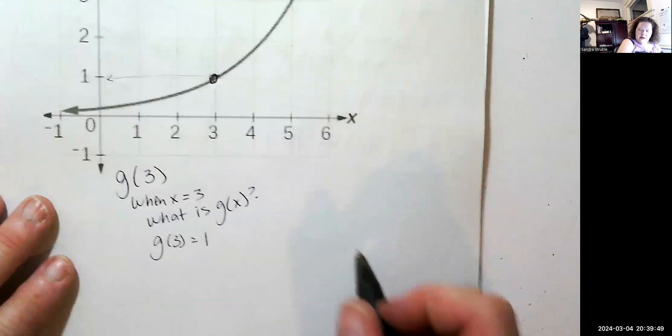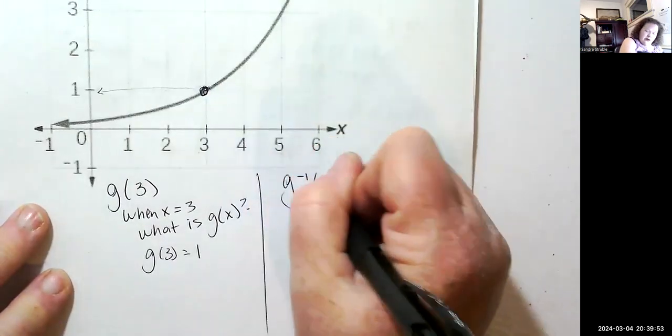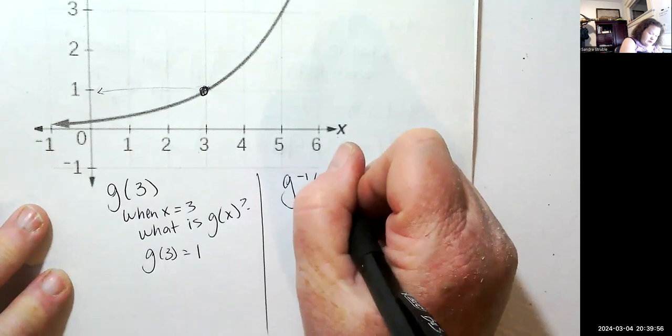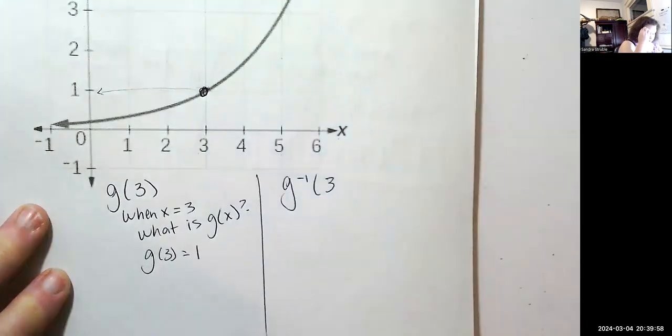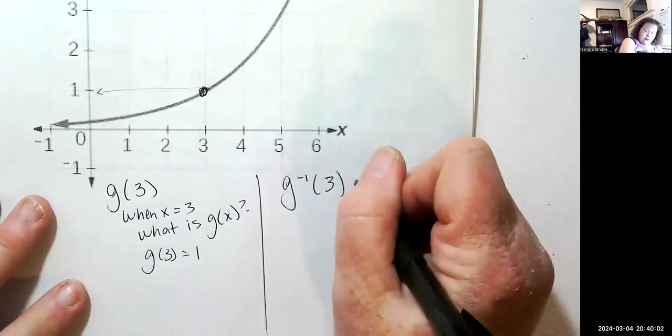The next one is the inverse of g of 3. Sorry, the inverse, yeah, g inverse of 3 is equal to what?